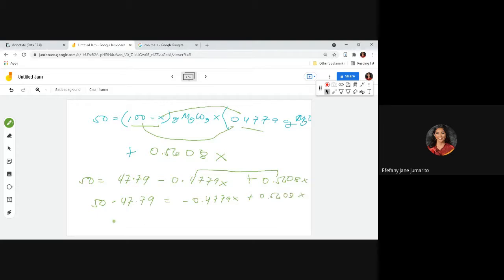Pila ni siya? So we have 0.79. It's 2.21 is equal to kani pila ni? 1.0387, ma'am. Negative man ni.